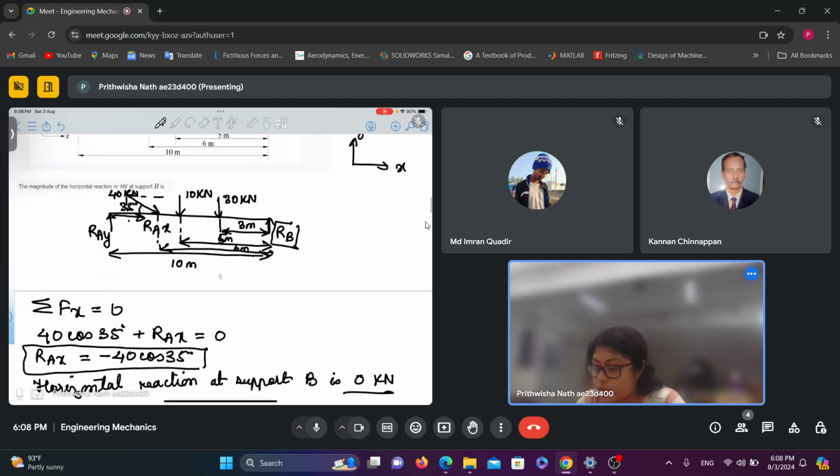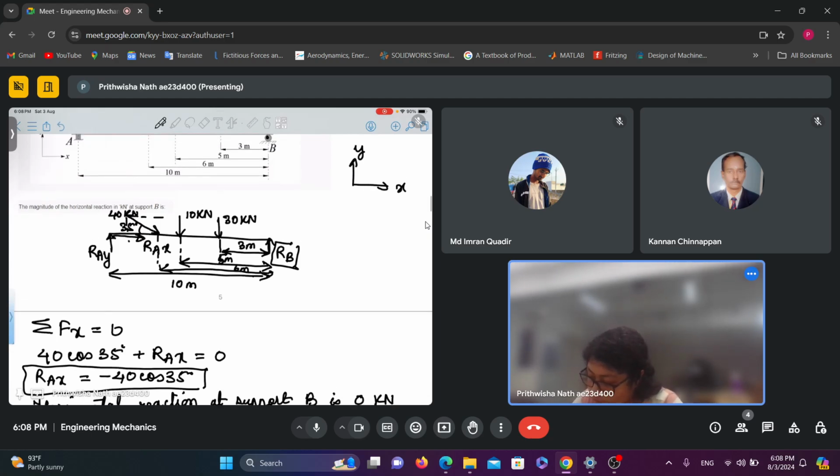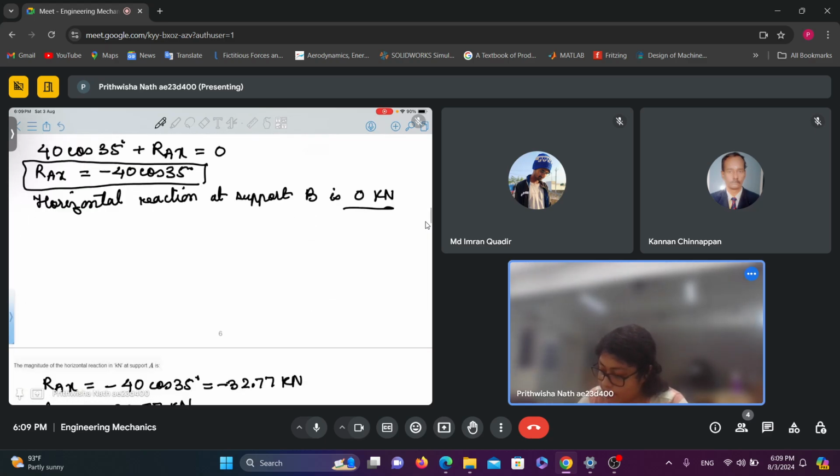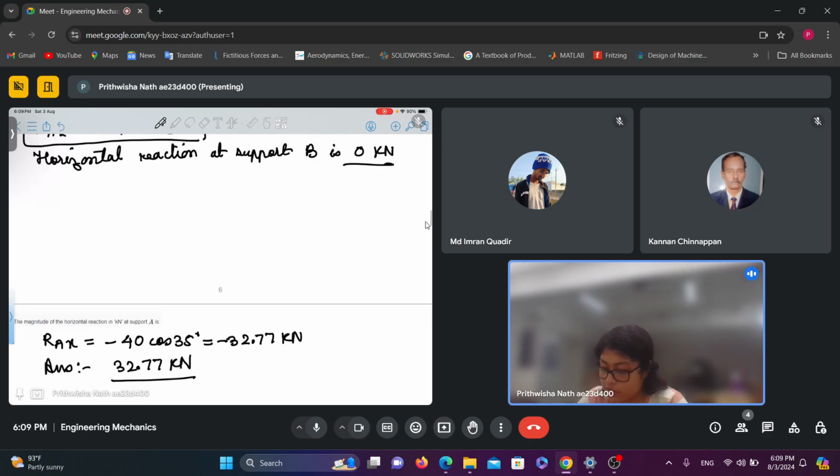And the total force in the x direction should be 0. So 40 cos 35 plus R_AX equals 0. From there I am getting the horizontal reaction force at A. So I got this to be minus 32.77, which means the original force is acting in the opposite direction of the assumed direction.